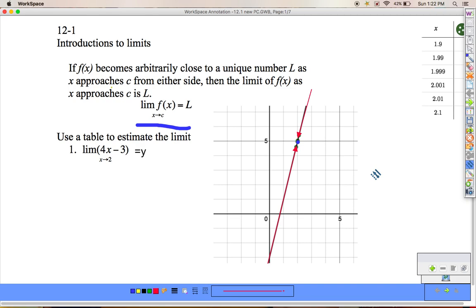Hopefully we can see I'm trying to get to this point right here, or something really close to that point. And hopefully you see that's 5. Sometimes we're going to be able to look at it and tell. Other times we're going to have to do other math. So we're going to make a table.